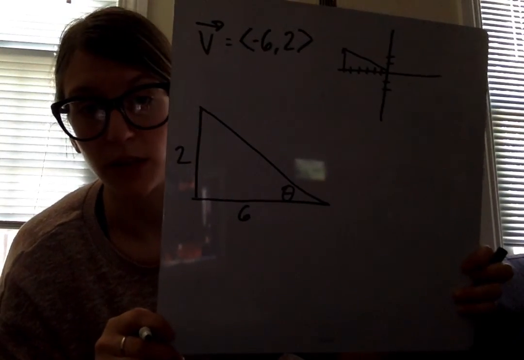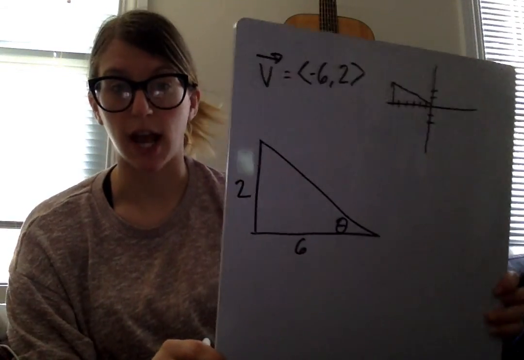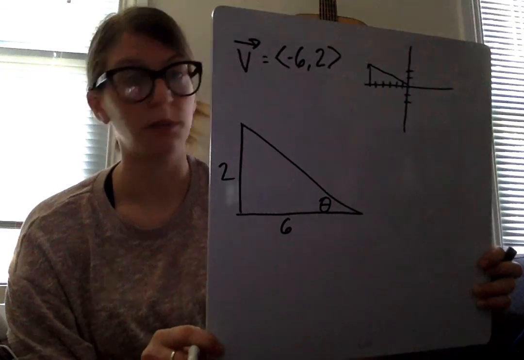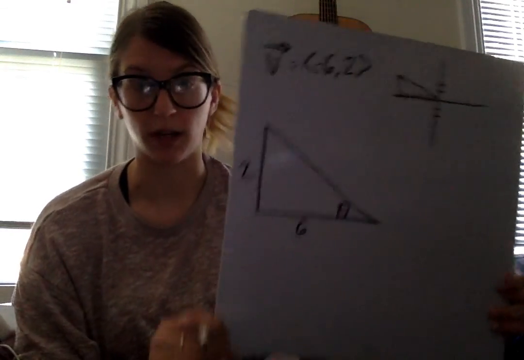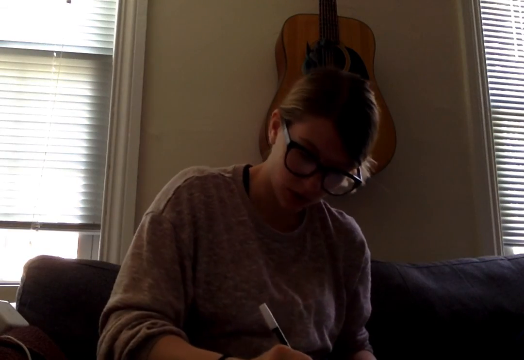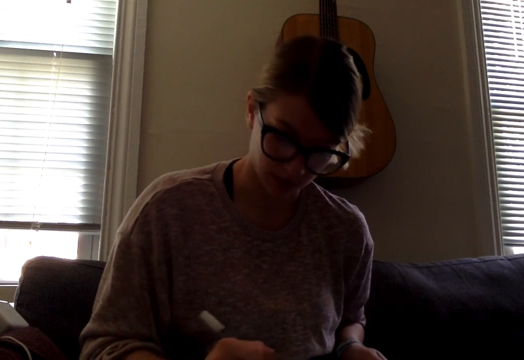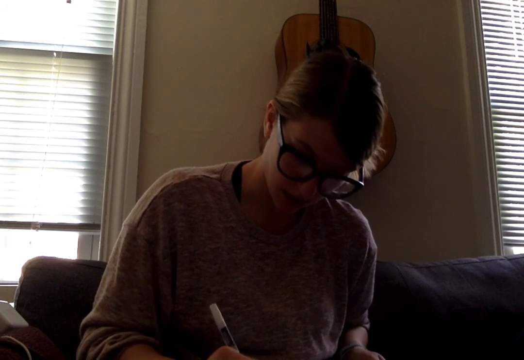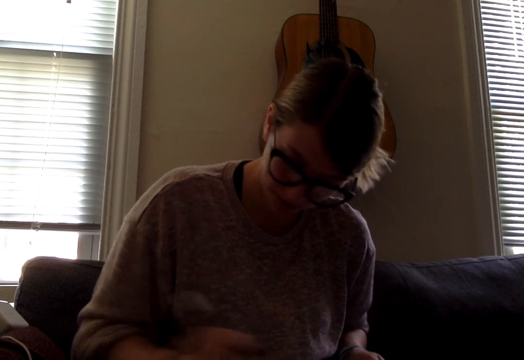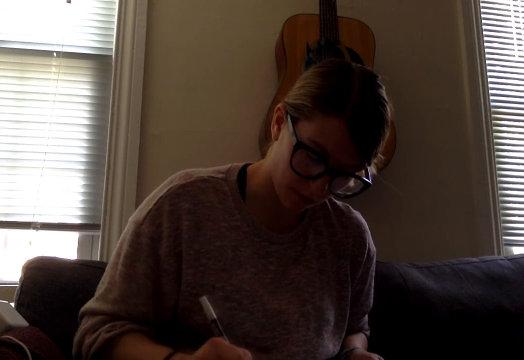And we're going to solve for magnitude the same exact way. A squared plus b squared equals c squared. So I'm going to do 2 squared plus 6 squared equals, that's 4 plus 36 equals 40. Take the square root of 40.